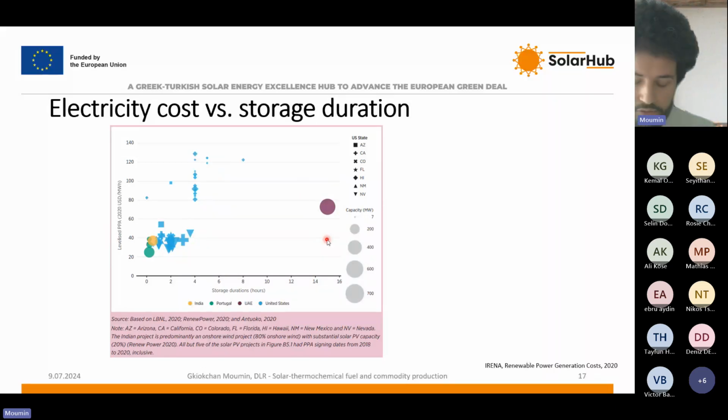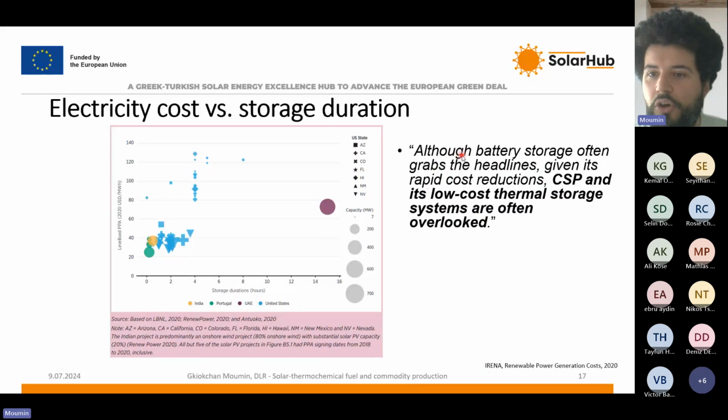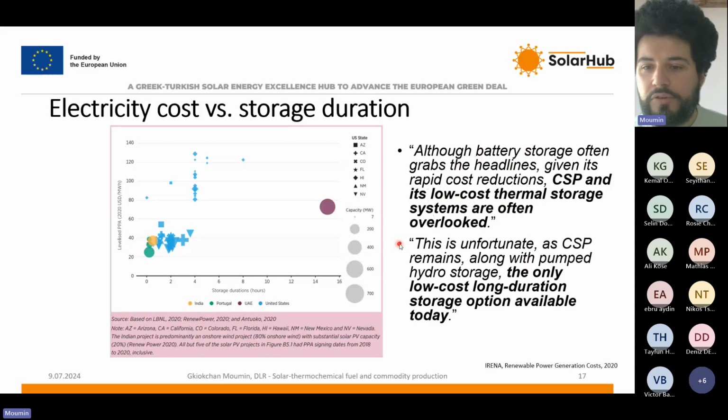And I would just like to cite the IRENA study on this. So it says, although battery storage often grabs the headlines, given its rapid cost reduction, CSP and its low-cost thermal storage systems are often overlooked. And what they also say is, this is unfortunate, as CSP remains, along with pumped hydro storage, the only low-cost, long-duration storage option available today.